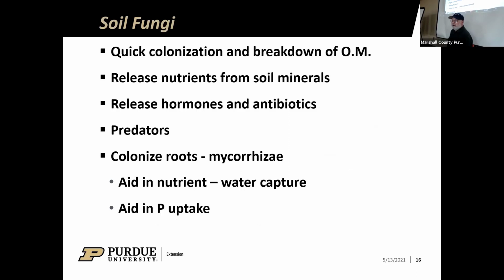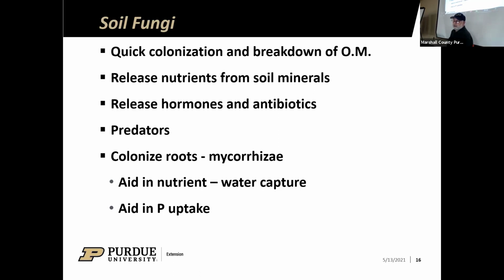Soil fungi will quickly colonize and break down organic matter, so they will get on structures. We have saprophytes, which is a huge category of fungi, and they're helping to break down and recycle components in our soil. Doing this, they release nutrients from the soil minerals, and release hormones and antibiotics, or act as predators on organisms that can hurt some of our plants.